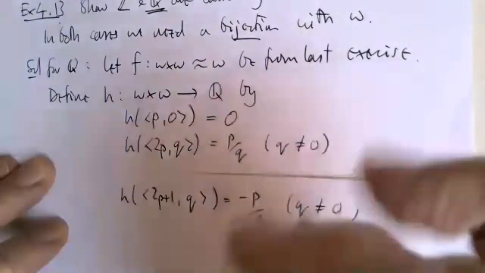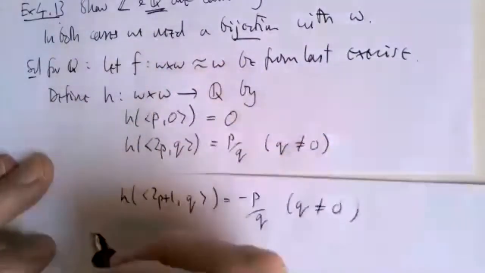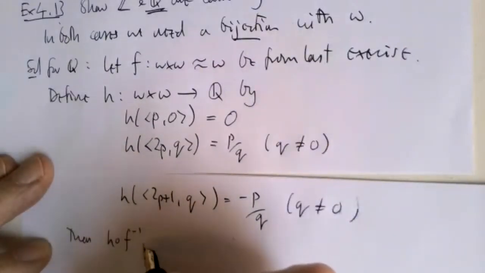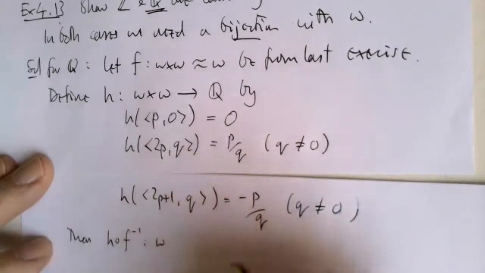So I look at F to the minus 1 followed by H. This then is onto Q.